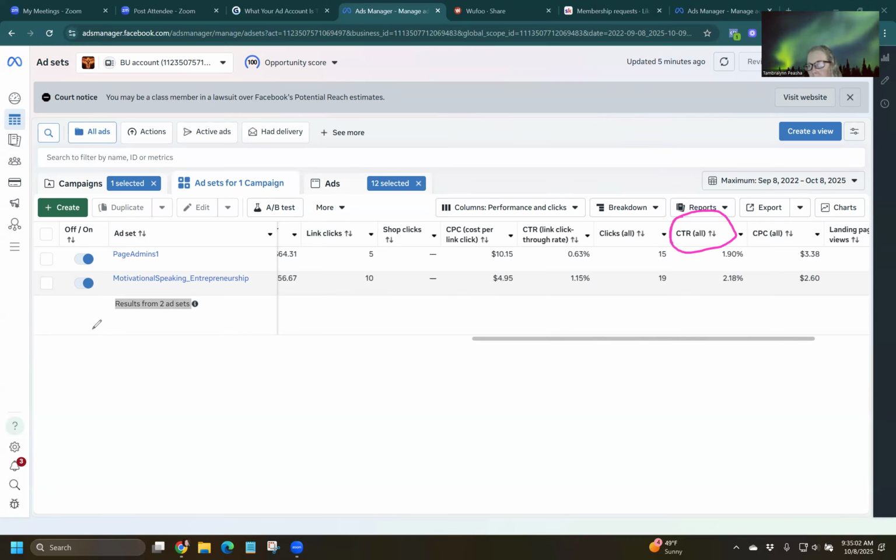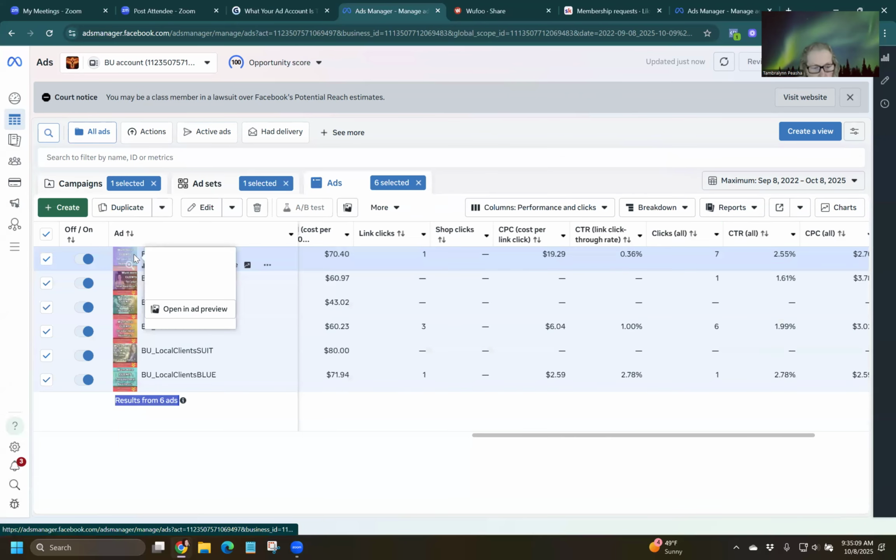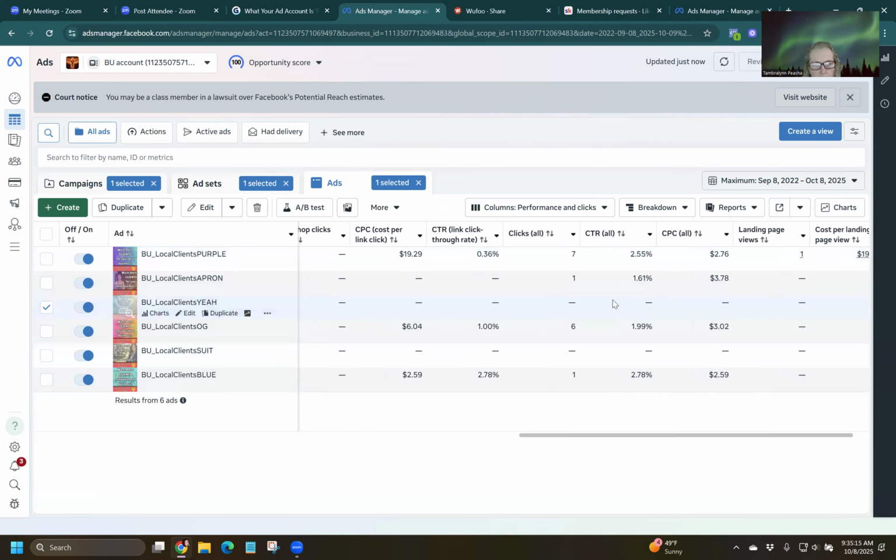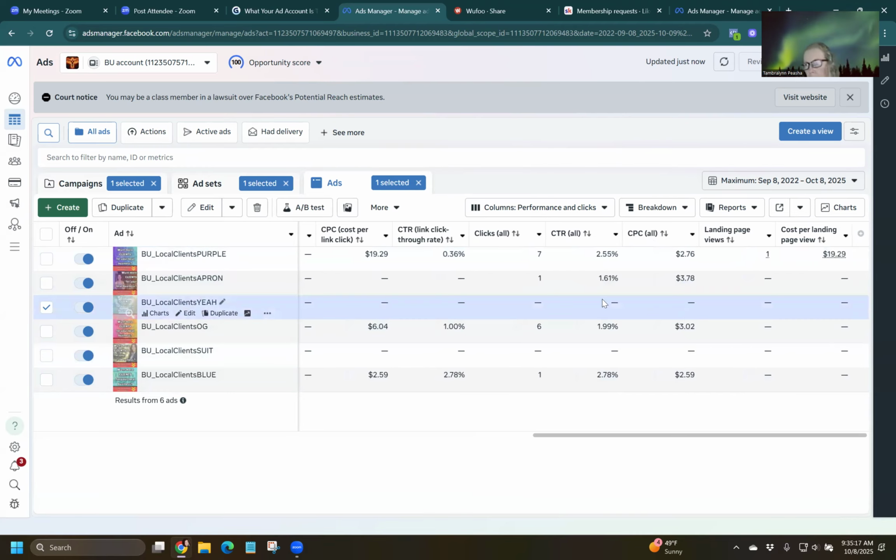So I like this number, CTR all, to be about 2% or more. And if you notice, this number here is not 2%. So I open this up and look on the inside, but I do have ads that are over 2%. They were factoring in the ones that didn't get any action. So I'm like, okay, I'm still good, being here at 2%.